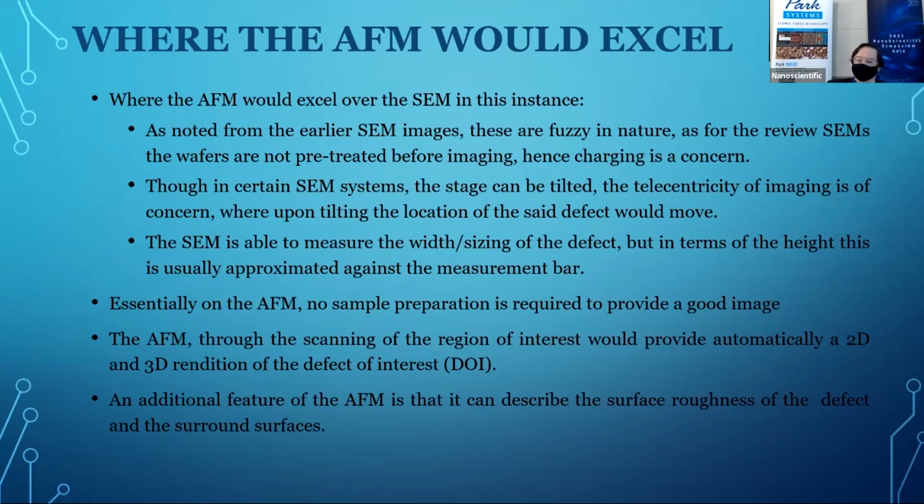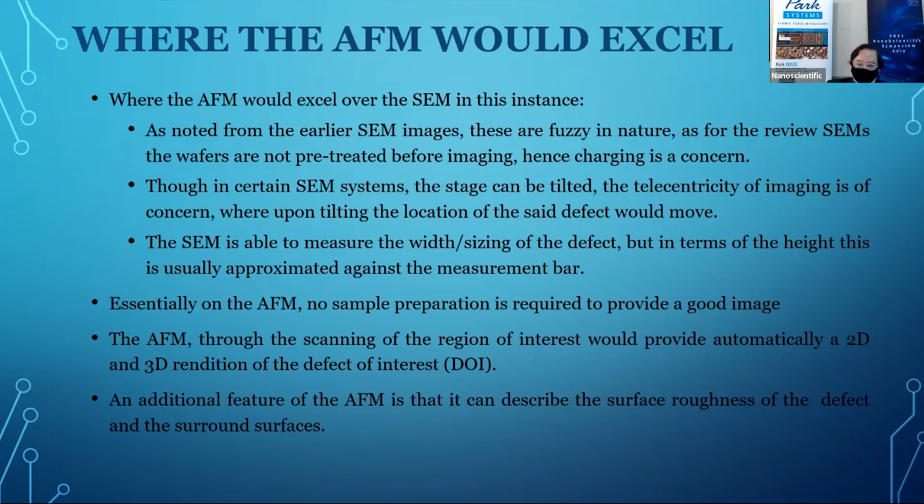So if I were to tilt the image, telecentricity is a problem on the tool, meaning that as you go down onto the surface, once you tilt, the location has changed. So you will have to spend a lot more time realigning the beam onto the surface for you to image the structure of interest. So that is of concern.